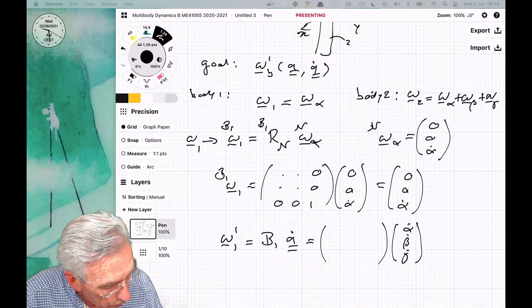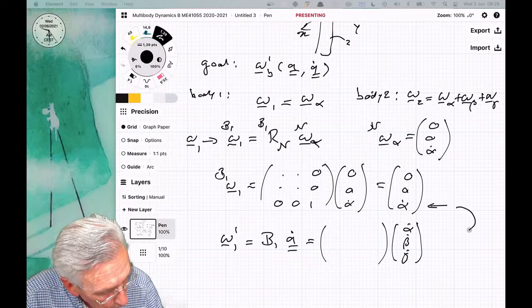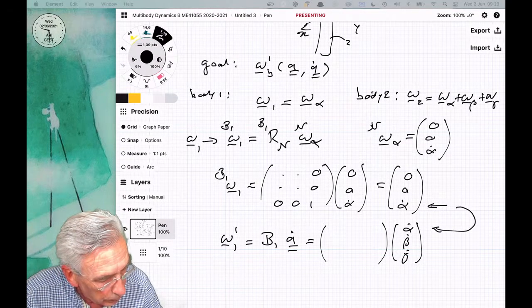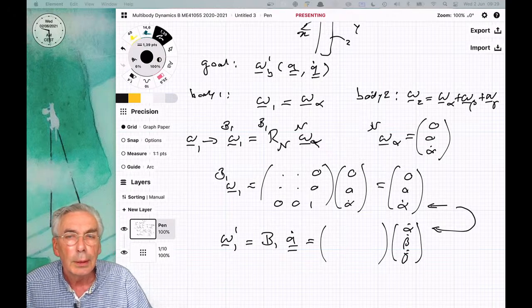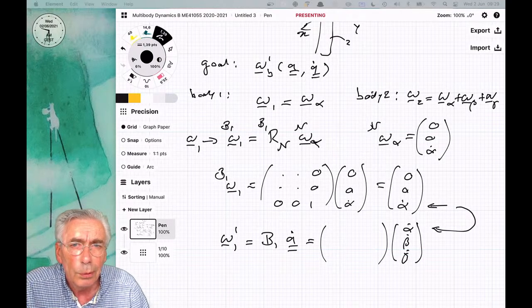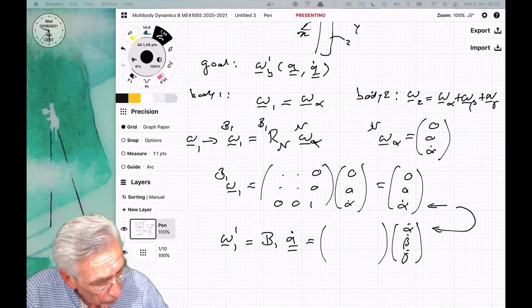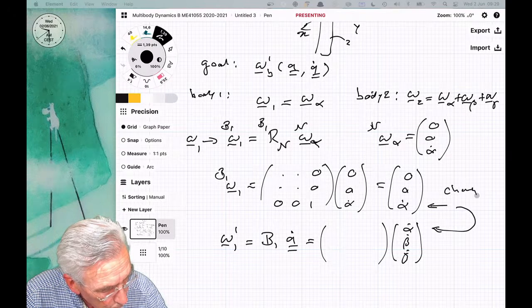Now notice that the alpha is here, and then suddenly, bang, the alpha becomes there. So clearly, these angle things are no vectors. These are generalized coordinates, and these are time derivatives of generalized coordinates, right? So, change in order.